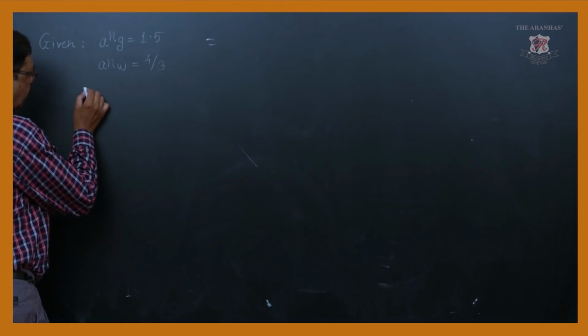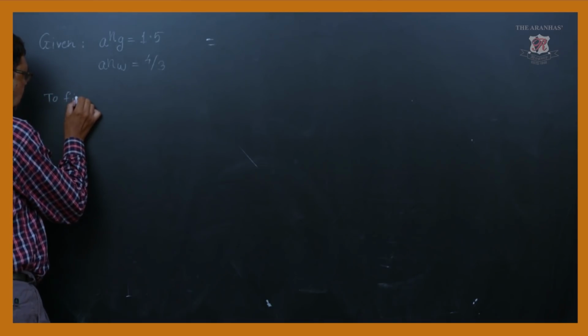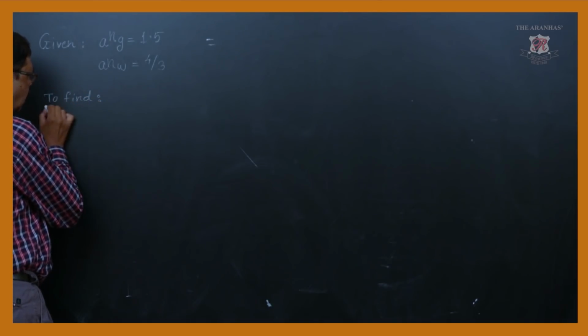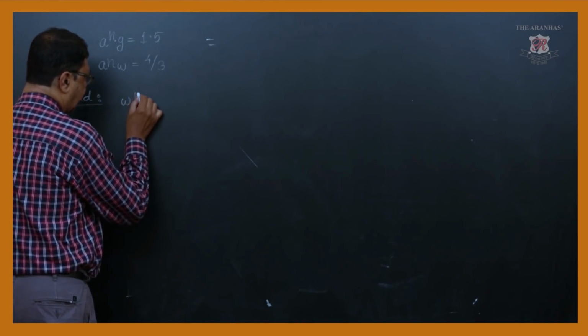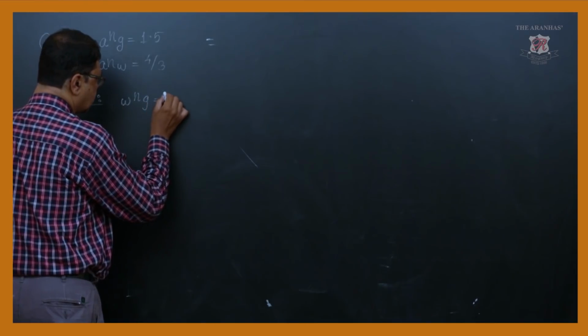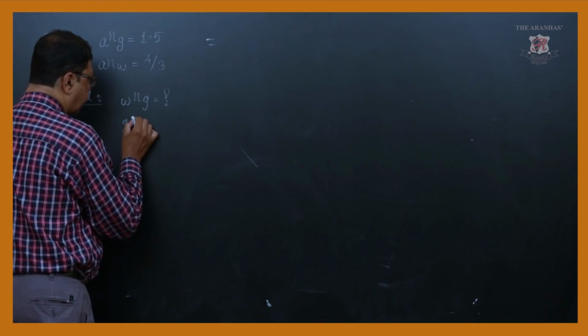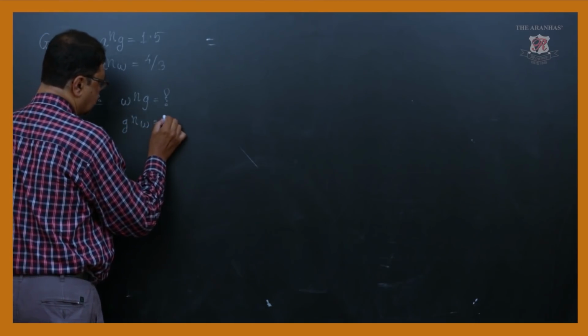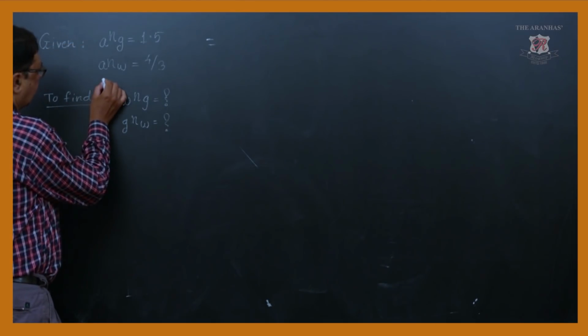You were asked to find out the refractive index of glass with respect to water and the refractive index of water with respect to glass. So how can this be done? By using this. You were given additional data.